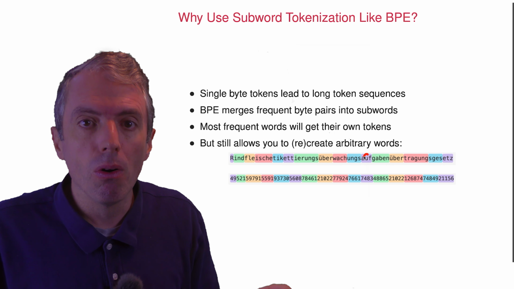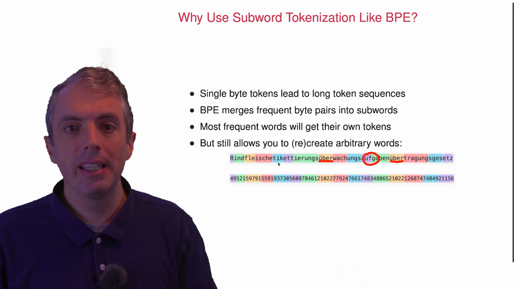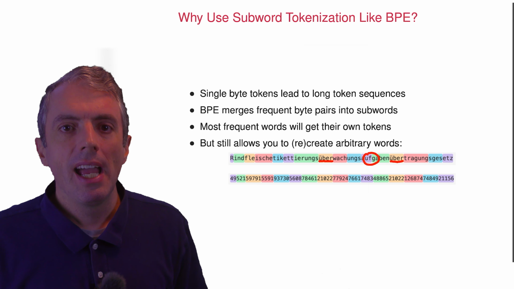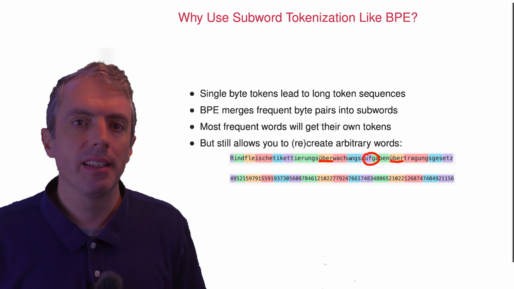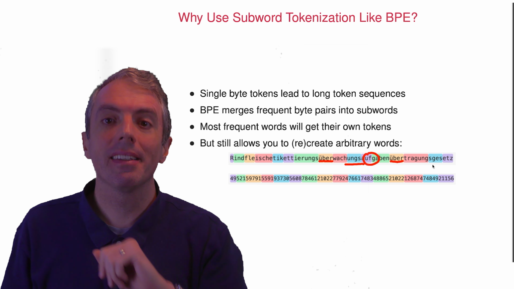You have auf, which is a preposition in German. You have über twice, which in addition to being an overvalued company is also a preposition. Ungs is a suffix, and while some morphemes get split into multiple tokens, like gesetz, it's not so bad.